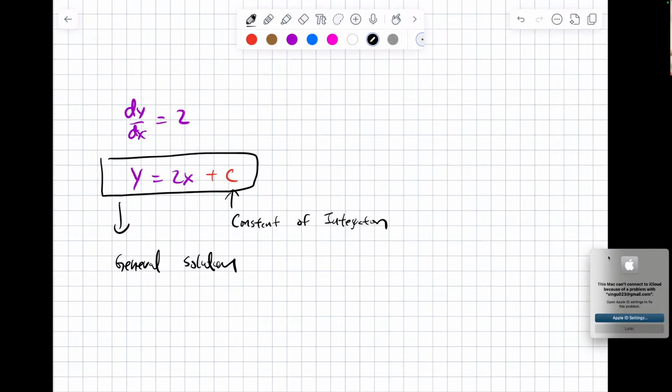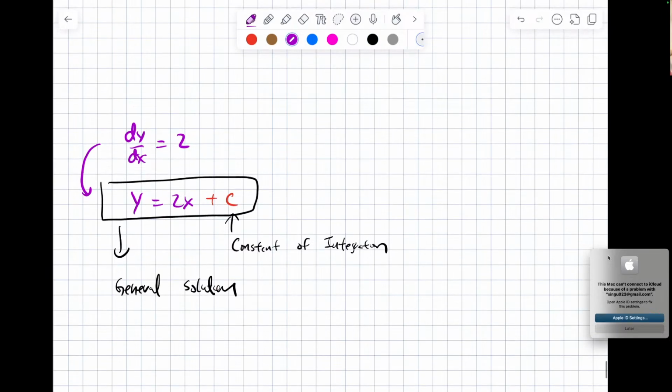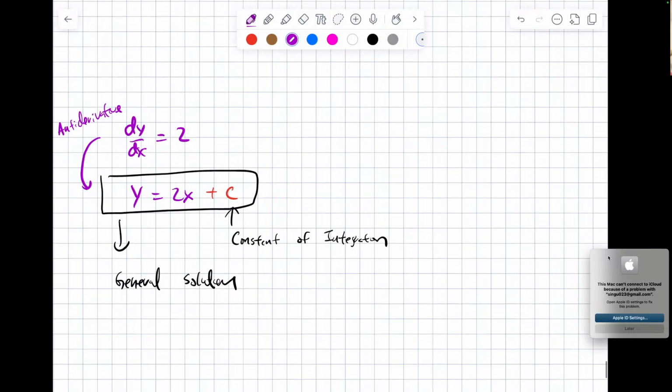The operation from here to here is called the antiderivative, or indefinite integral, indefinite integration. So the process from dy/dx to y is called antiderivative.